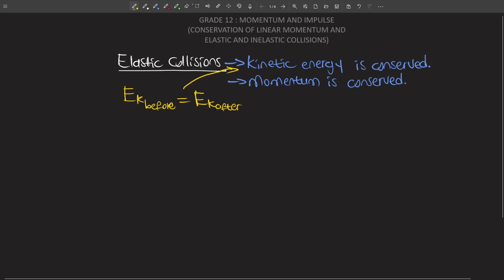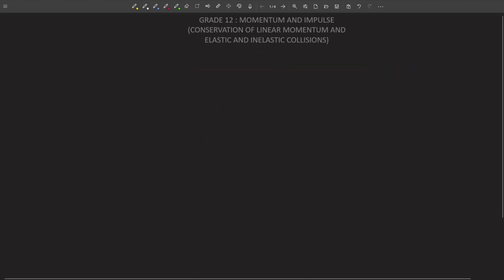Okay, let's now look at our inelastic collision.